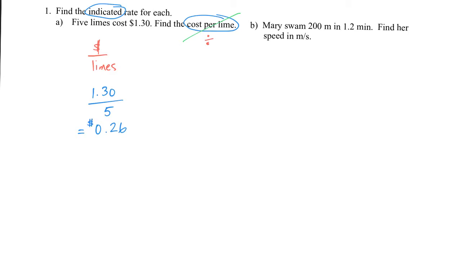It is dollars. So $0.26 per lime. But for a lot of us, when we read that, we would read $0.26 to represent cents. So we could just as easily write 26 cents per lime and we would be correct. There is nothing in the problem that defines what units we need for cost.